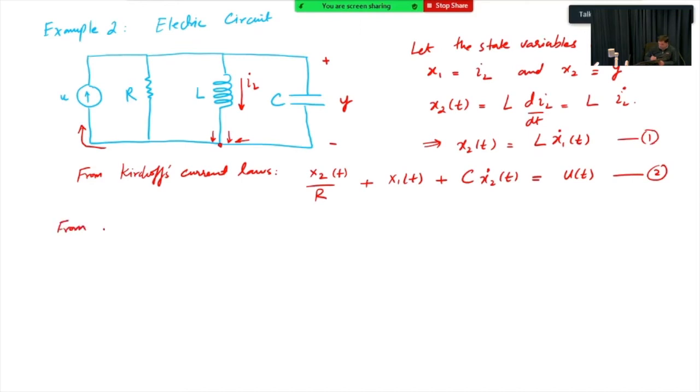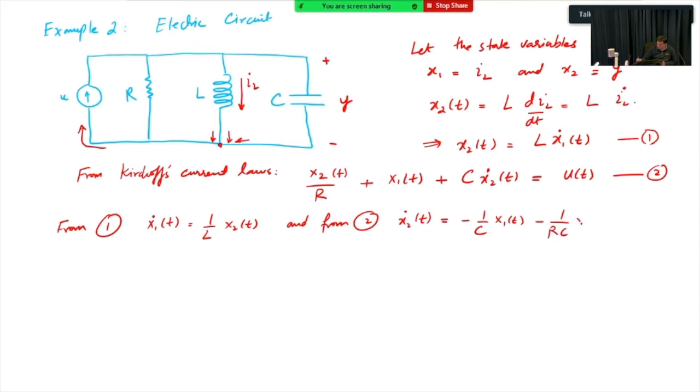So from 1, you can say that x1 dot of t is 1 over L x2 of t, and from 2 you can say x2 dot of t is equal to minus 1 over C x1 of t, minus 1 over RC x2 of t, plus 1 over C u of t.